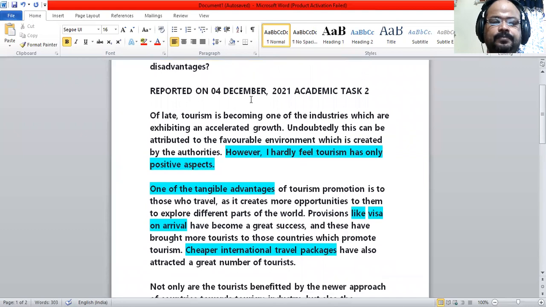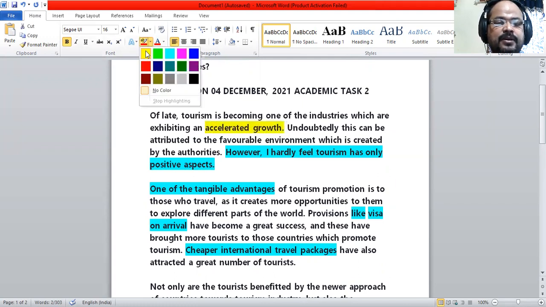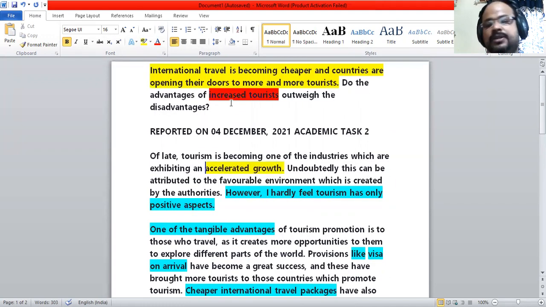Now, we can see the introduction like this. Of late, tourism is becoming one of the industries which are exhibiting an accelerated growth. So we have said accelerated growth here, so it is an increased number of tourists. In the sense we have an increasing number of tourists each year.